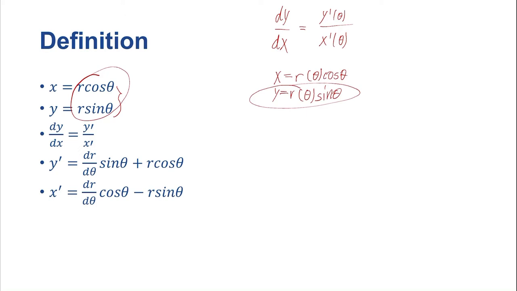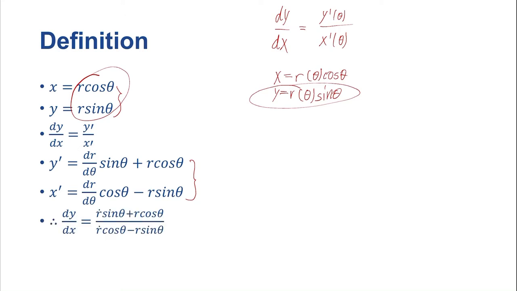Now this is actually a very important set of equations for converting between polar and rectangular form for the derivatives. It's a very important formula that you will be looking at later on when you get into Jacobians, but that's for a later date. Anyways, we have these expressions, and now we only need to divide them.